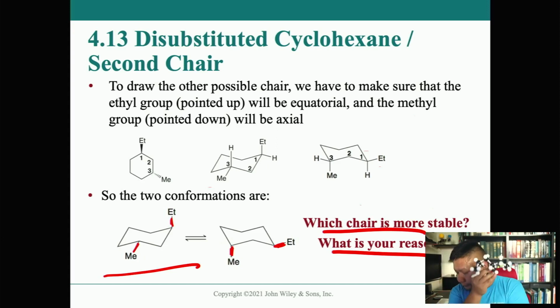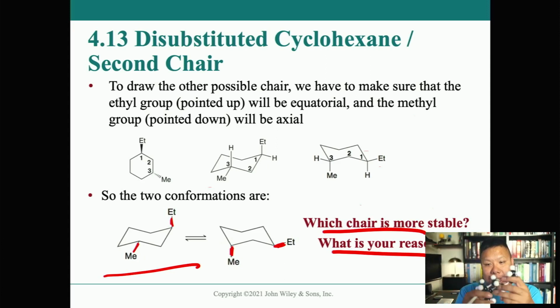And so you have the ethyl group here, which has a diaxial interaction of 8, right? There's no diaxial interaction when it's equatorial. And then you have the methyl group, and its diaxial interaction is 7.6.